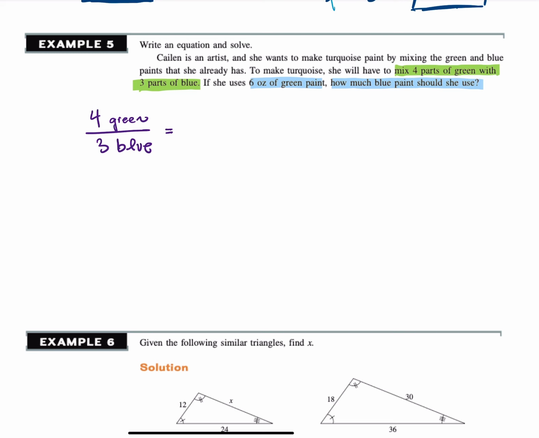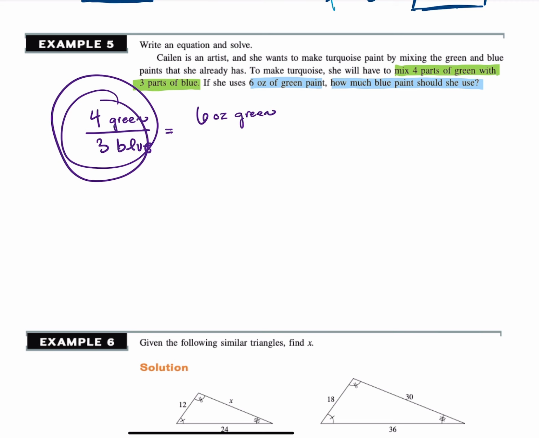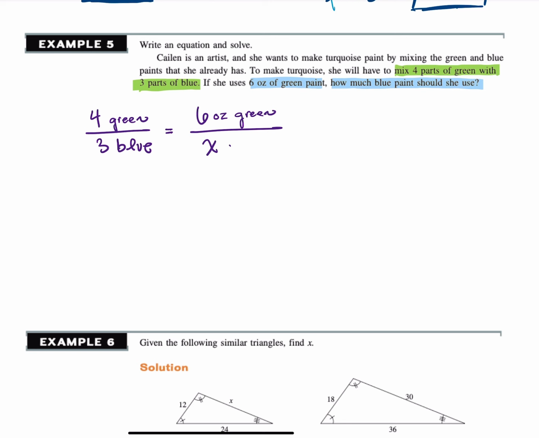We know we have 6 ounces of green. And we want to know how much blue paint we should add in order to achieve this ratio. So we can say 6 ounces of green to, oops, some unknown, let's say X ounces of blue paint.